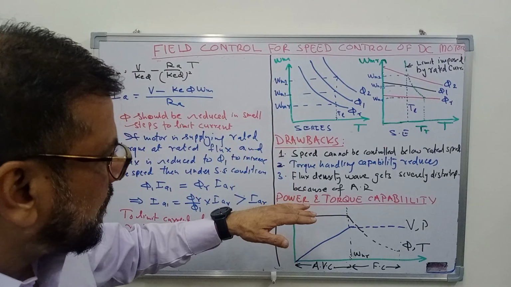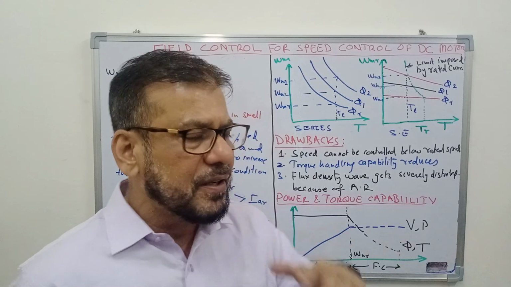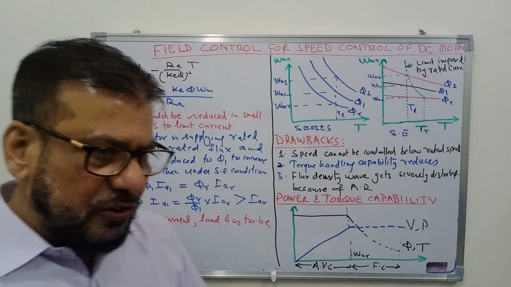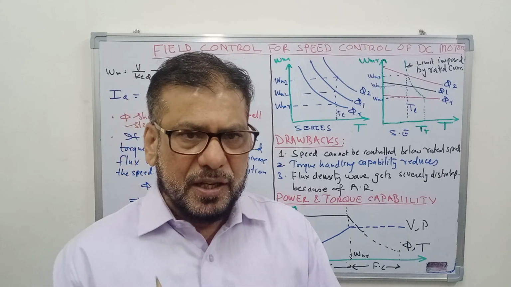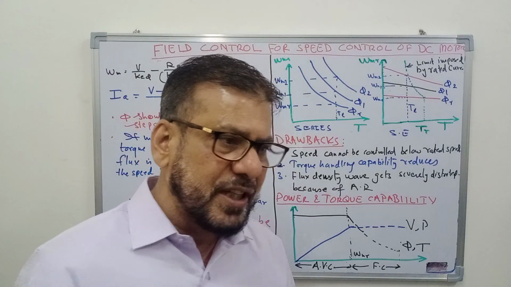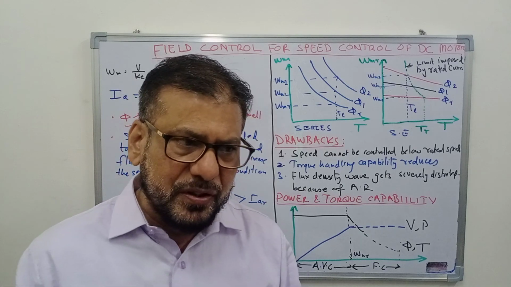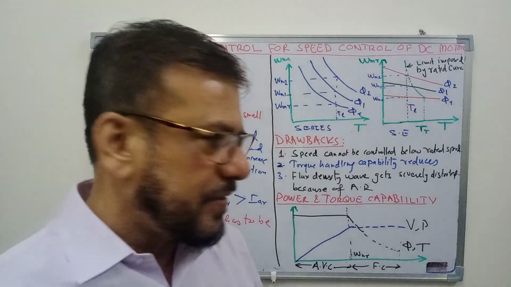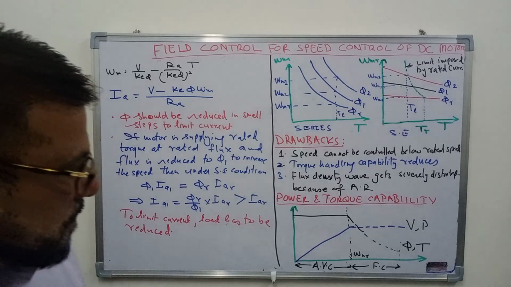But here, armature reaction flux is constant at rated current, but the field flux is now being reduced. So the field flux becomes small as compared to armature reaction flux. So the effect of armature reaction pronounces. Or you can say that the flux density will become more peaky. It will increase the iron losses, as well as it will cause problem in the commutation of current. So this is the third drawback of the field control method.